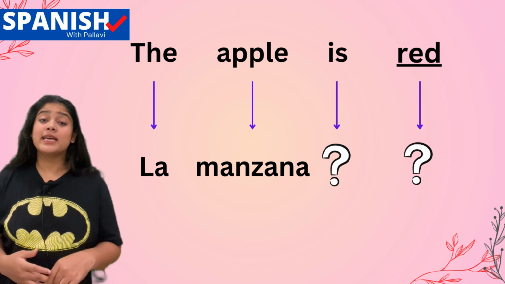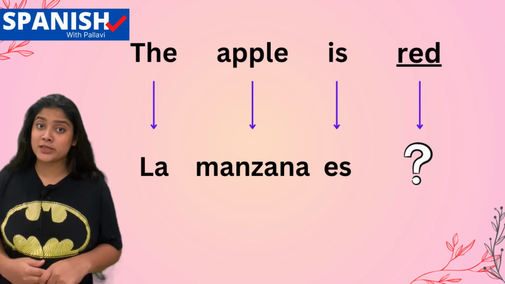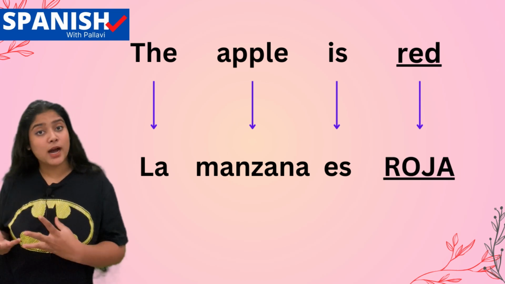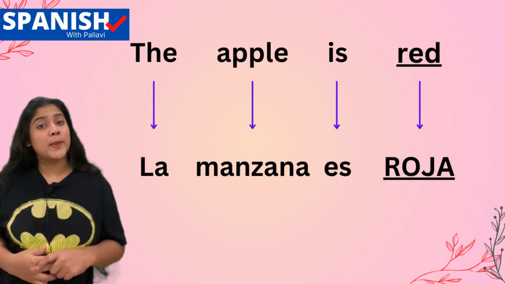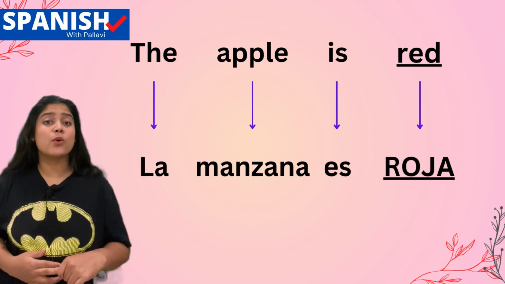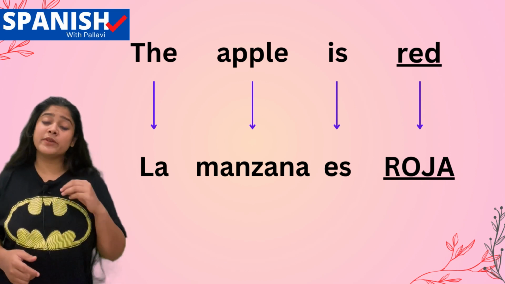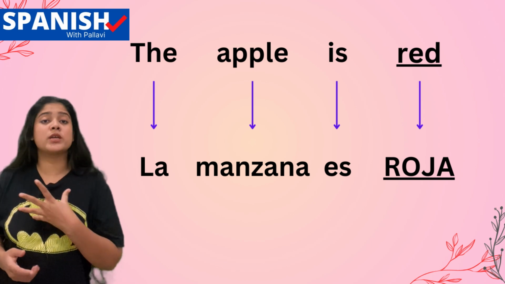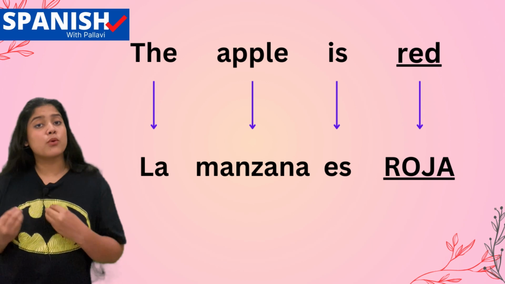Is will be es. You should know how to say red in Spanish: roja. So the whole sentence will be: the apple is red, La manzana es roja. We will not use rojo, because with la, with feminine things, we are going to use roja. With masculino, we are going to use rojo.